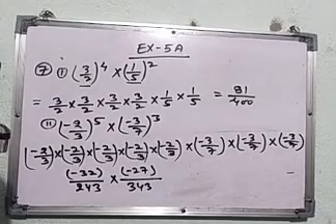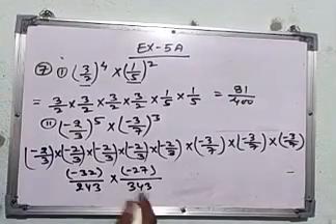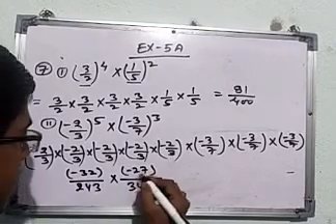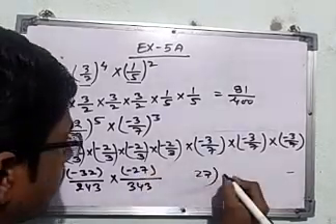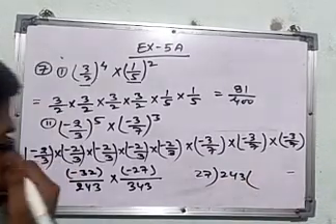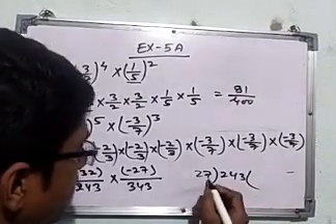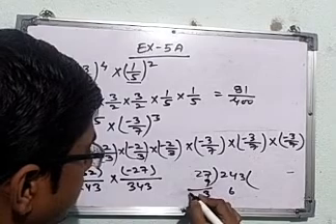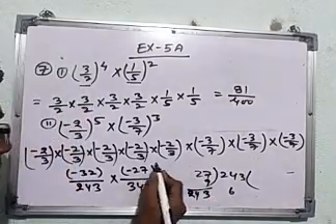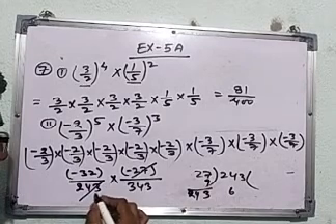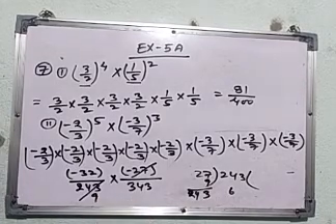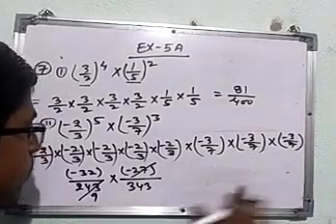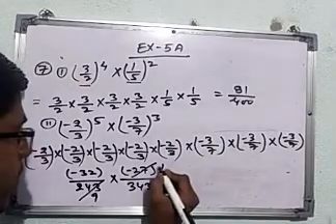If you cancel 27 and 243, 27 nines are 243, so you cancel by 9. 27 ones are 27. So here you write minus.